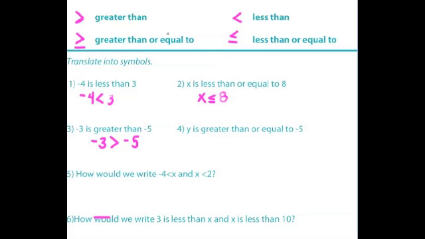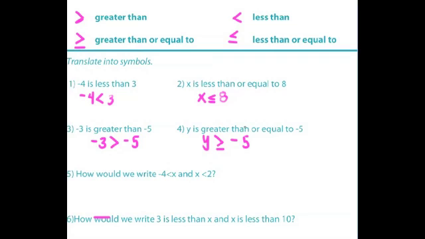Number 4, y is greater than or equal to -5, so here's my y. Greater than or equal to is this bottom one right here, so greater than or equal to -5, okay? And then we have number 5 here.